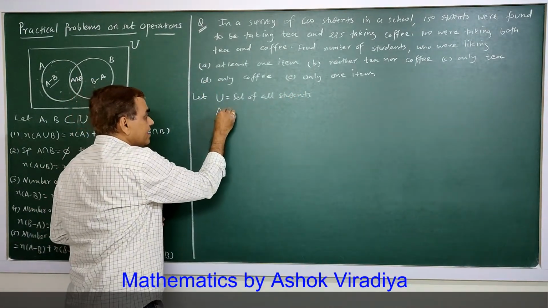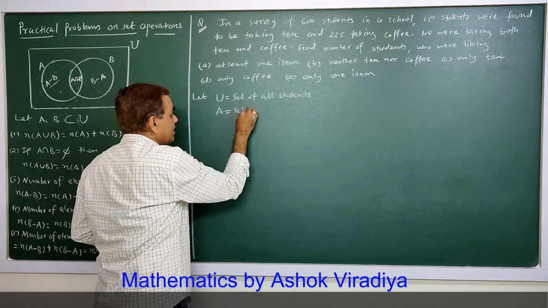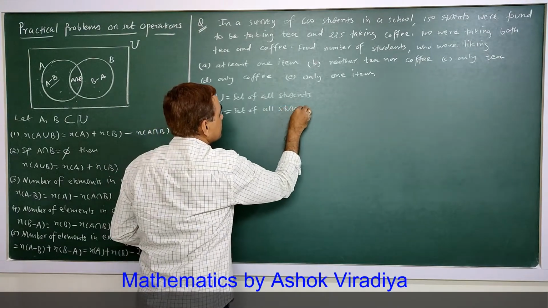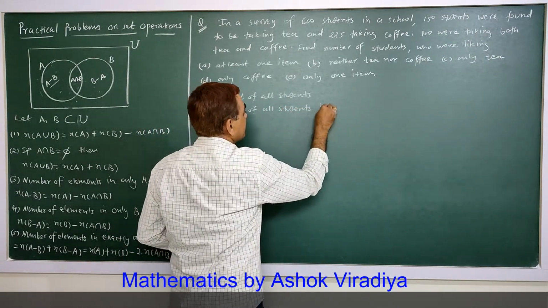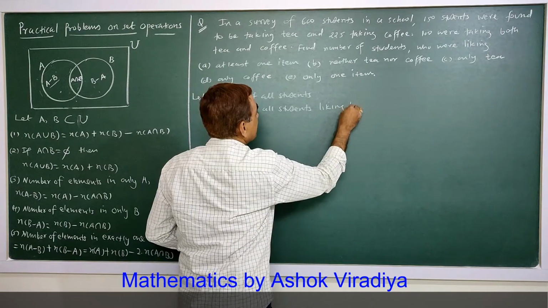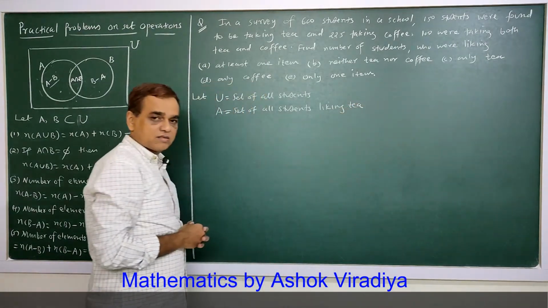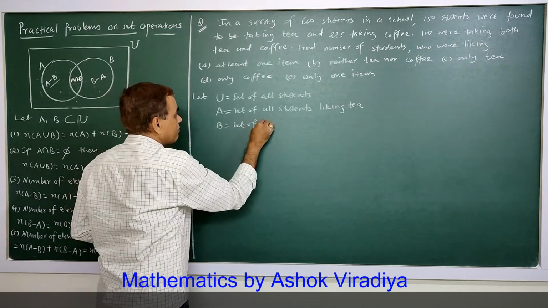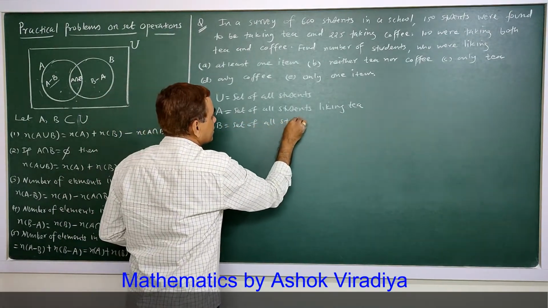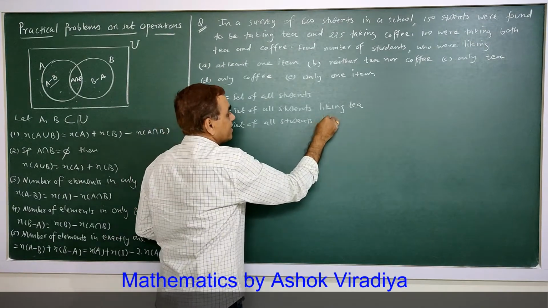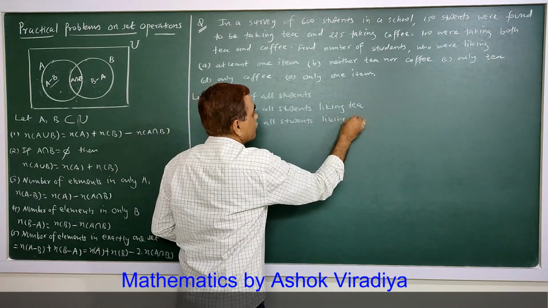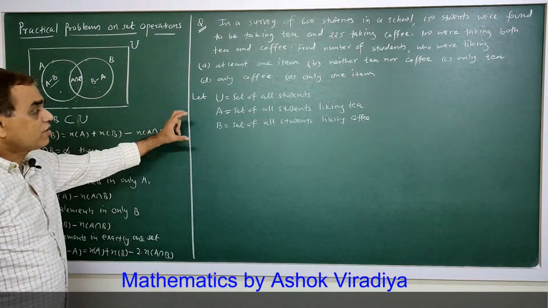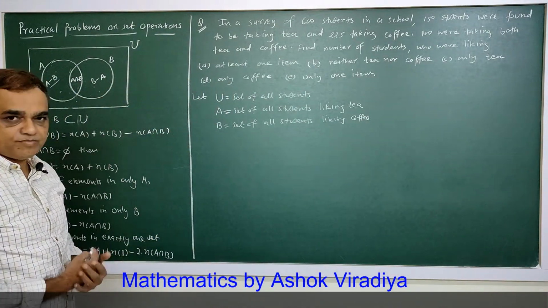Set A is the set of all students liking tea. B is the set of all students liking coffee. So we suppose these symbols for related sets.